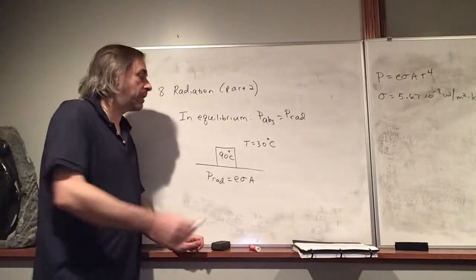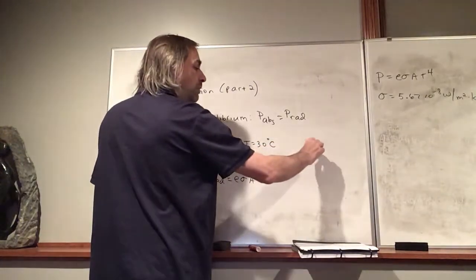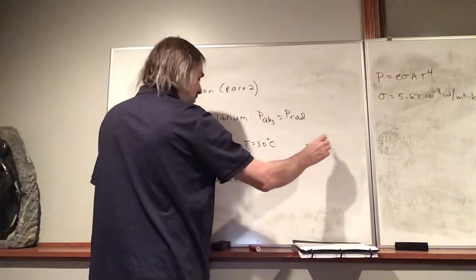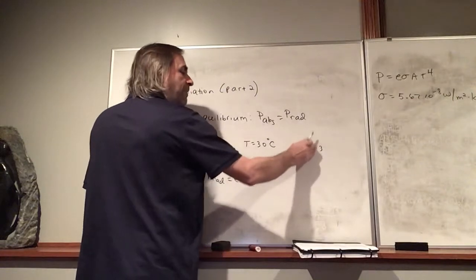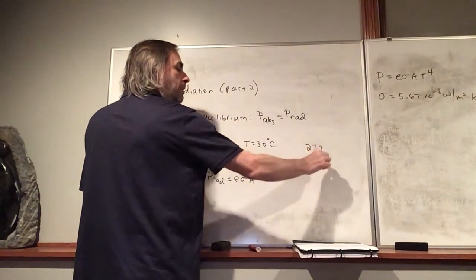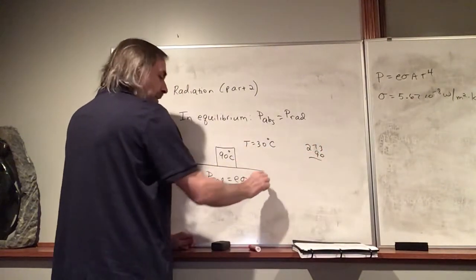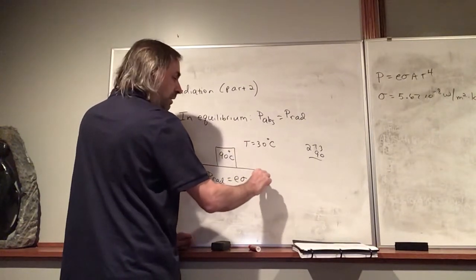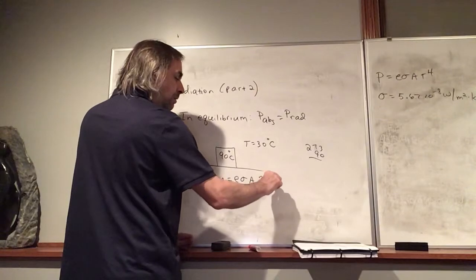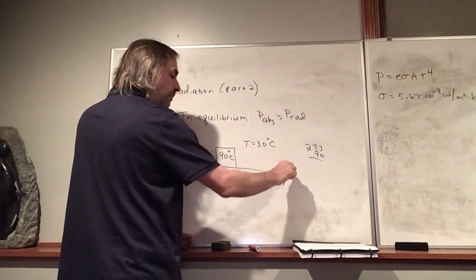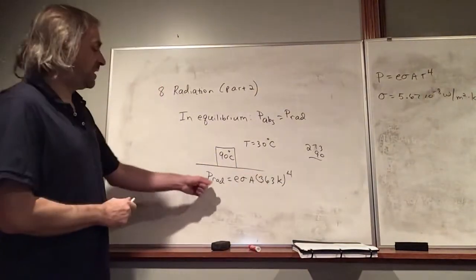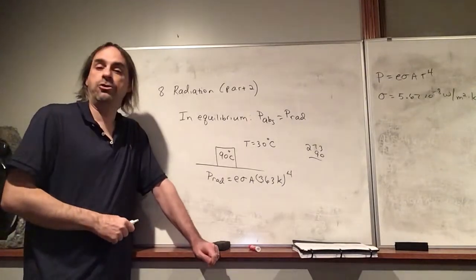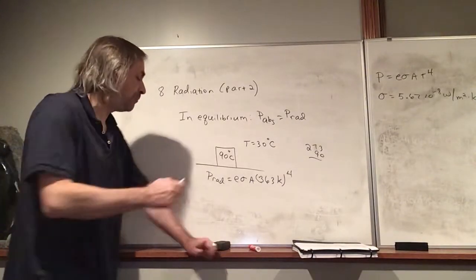Now, we have to convert this to Kelvin. It's 273, that's the offset. So this would be 363 Kelvin. So this is the rate that energy is radiating from this object.